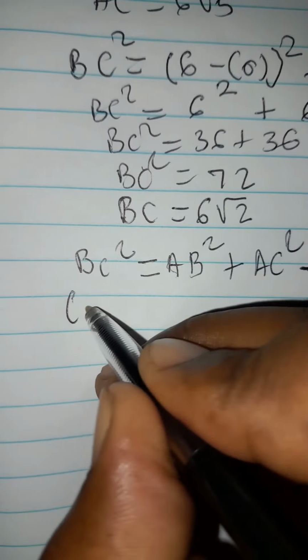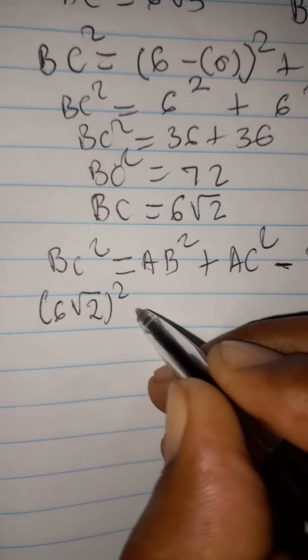So what is BC? You may recall that BC is given as 6 root 2 there. What is AB?